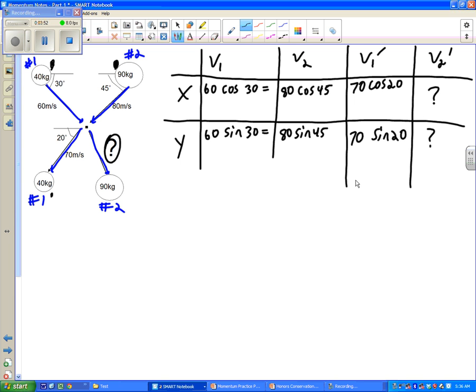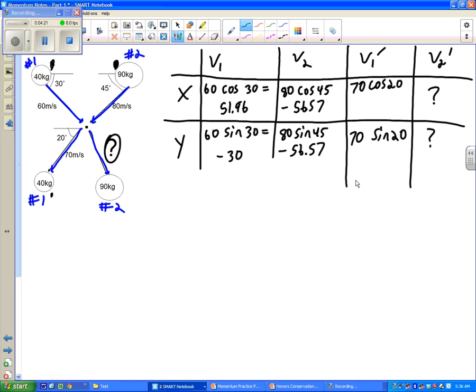This is 51.96. We have negative 30. It's negative because it is going down 30. For our second velocity, it is going left. The x part is going left, so it is also negative 56.57, and it is also going down, so it is a negative 56.57 also.